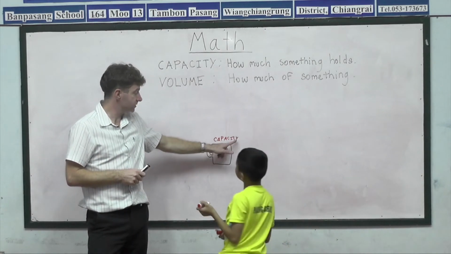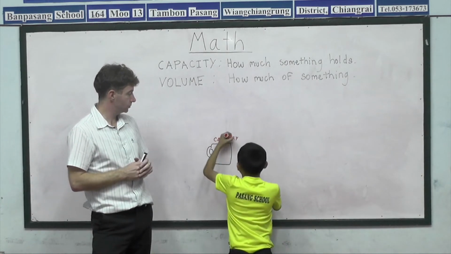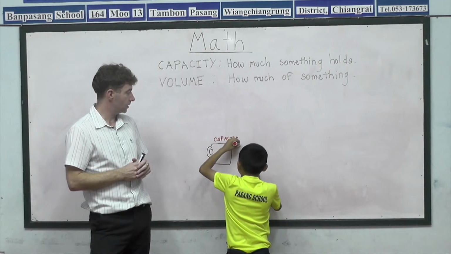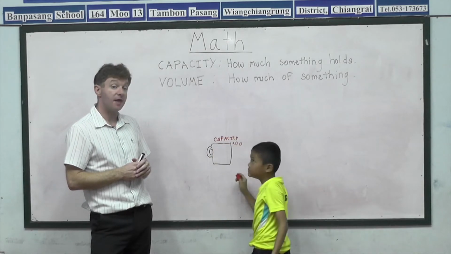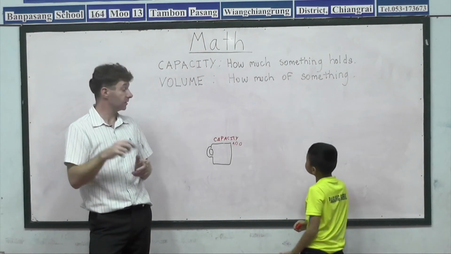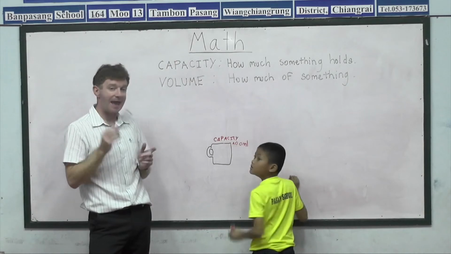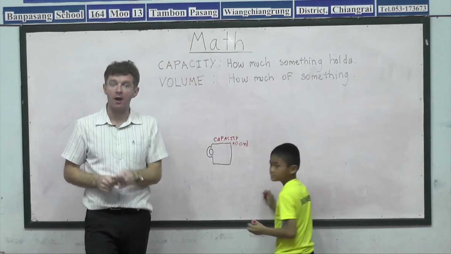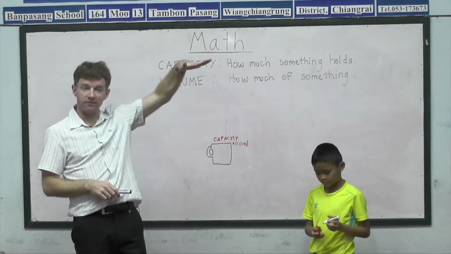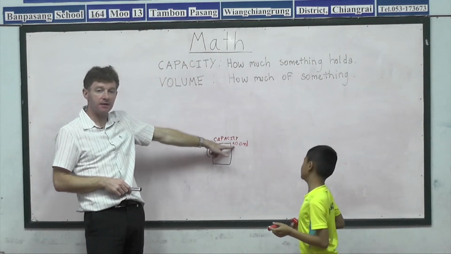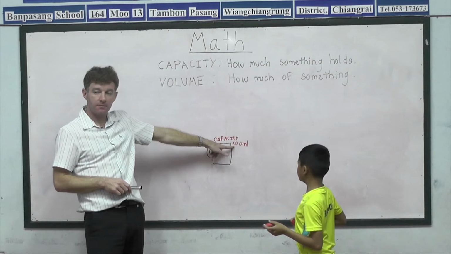So 100, and then ml, milliliters. Excellent. So now we know our capacity when the cup is full. Capacity, how many milliliters? 100 milliliters.